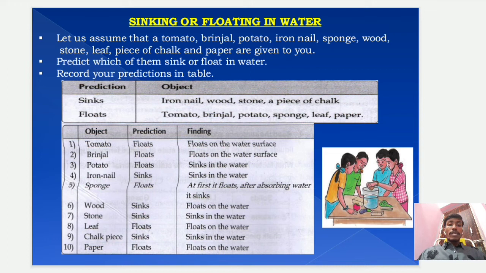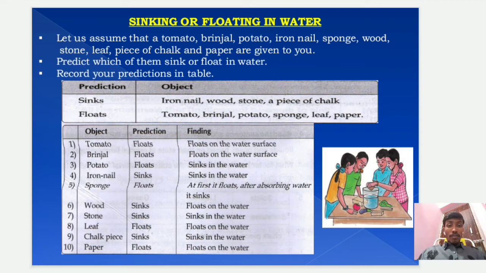Some other objects are given in the second table. The prediction should also be given here, which one floats and which one sinks. And a findings column will be given. Here the first object is tomato, the prediction is that it floats on the water surface.